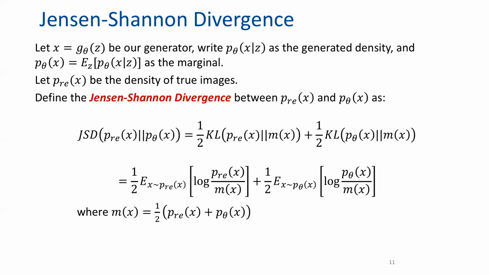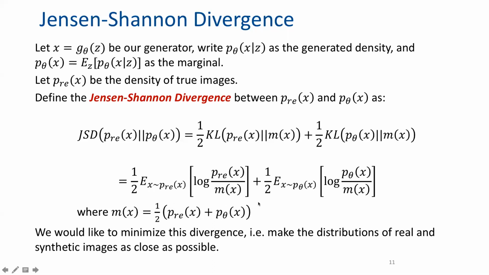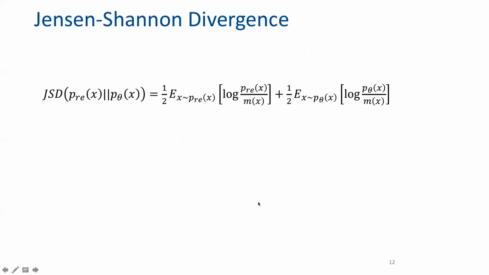All right, next slide. Just to not lose the context, what we're trying to do here is generate a metric, or a comparison, between the real and synthetic images. And we're using this Jensen-Shannon divergence to do it. So we can write it out like this, once again.